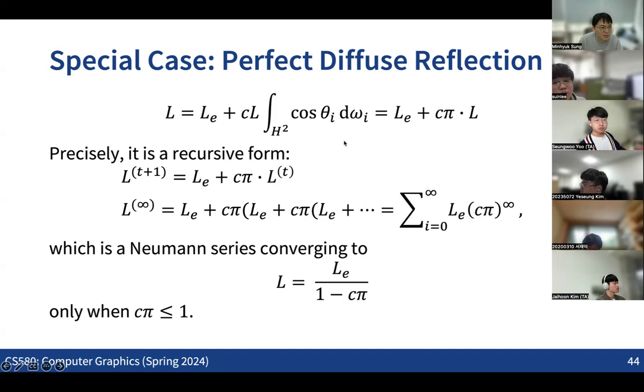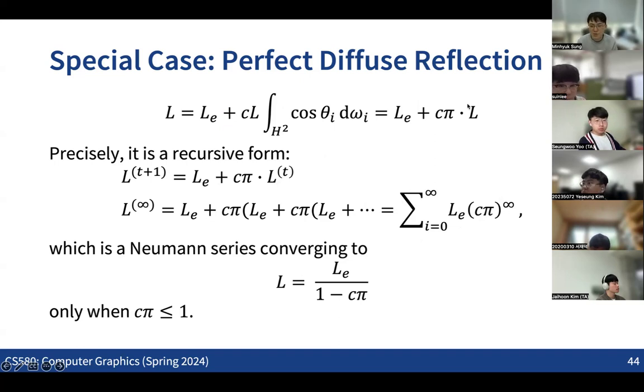This is not shown in this equation, but if we look at its recursive form, you can see that this series converges to this equation, and this can also be computed from the equation in the first row.